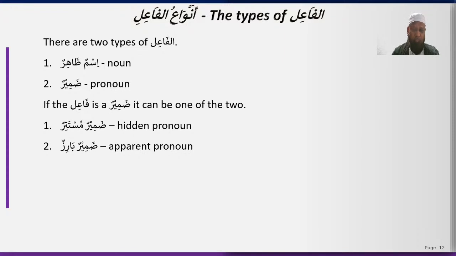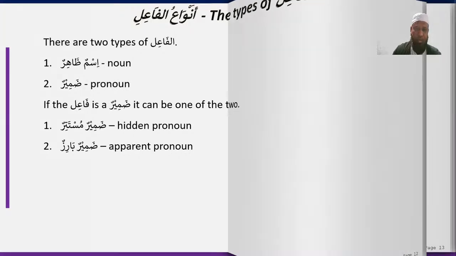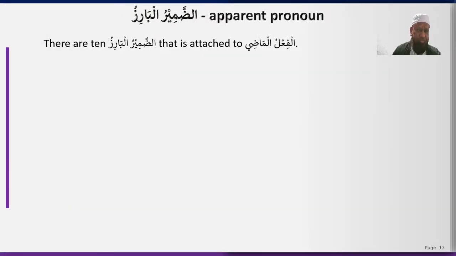Number one, the fa'il on the scale of fa'ala, it has a damirun mustatirun. And number two, the muannas form of it, fa'alat, it has a damirun mustatirun. And the rest of the forms will have damirun barizun. So let's look at that now.